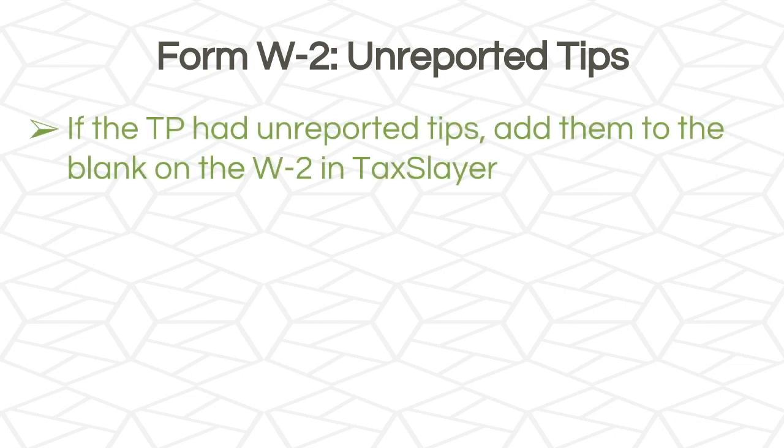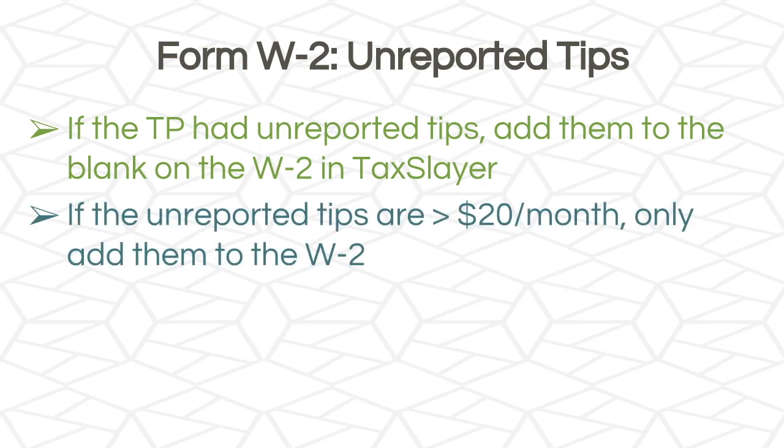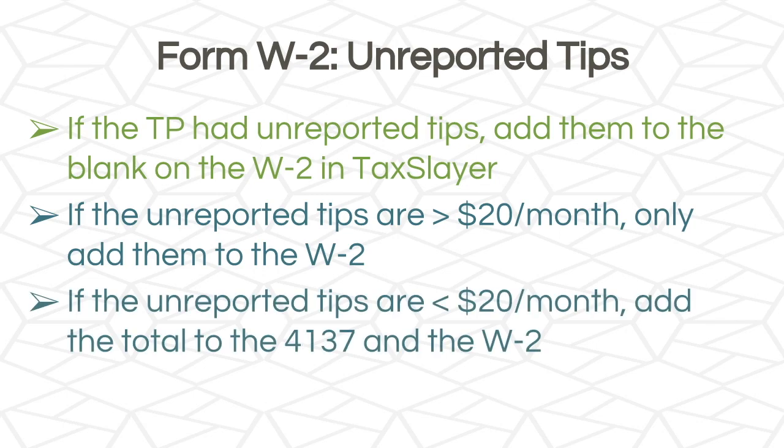So if the taxpayer had unreported tips, we're going to add them to the W-2, and in TaxSlayer, if the unreported tips are greater than $20 a month, then we're just going to add them to the W-2.